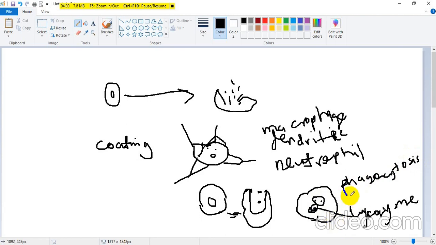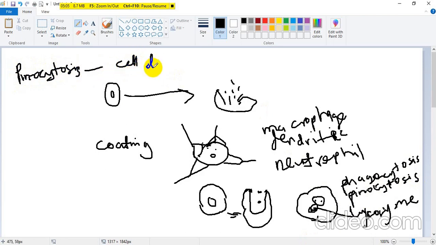But if you say pinocytosis, pinocytosis is cell drinking.